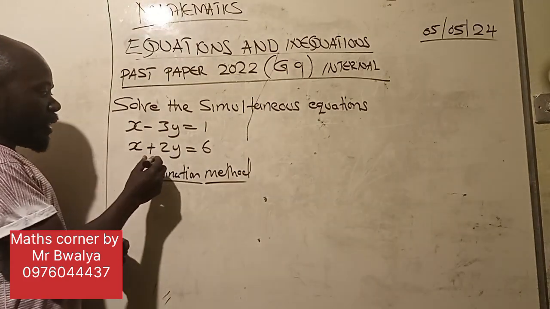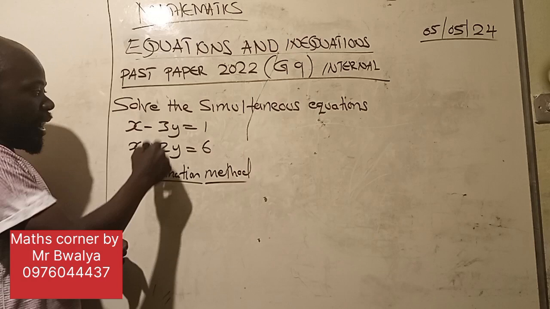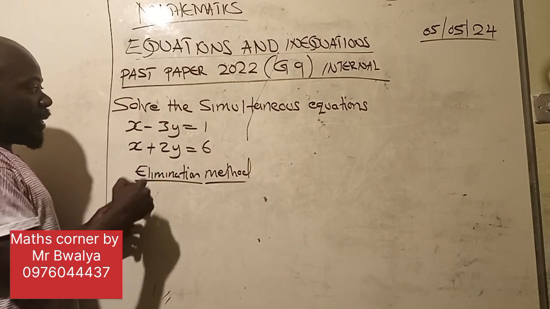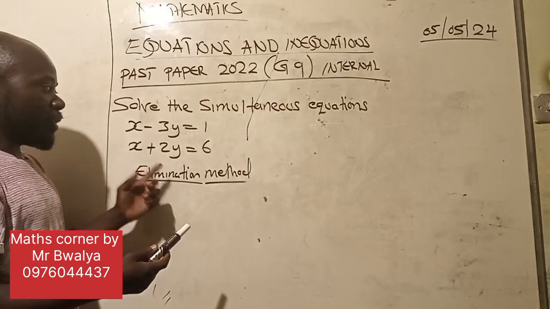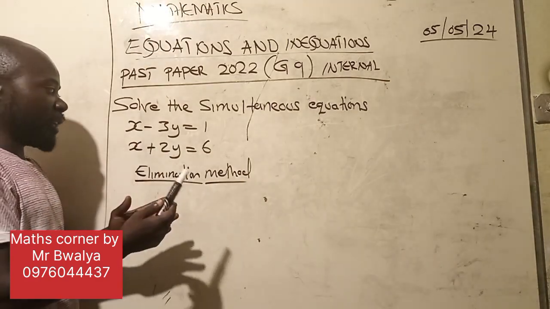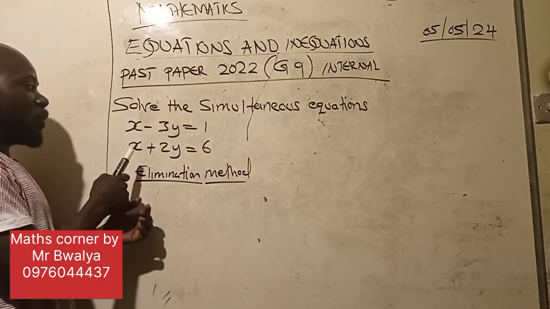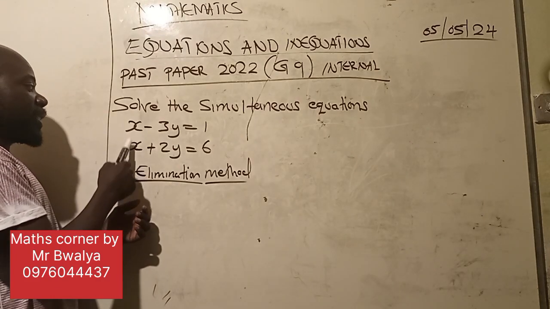Before you do anything, you check what you've been given. Remember, you can eliminate y or x depending on what you've been given. At this point, I would advise you to eliminate x, because we've got x and x there.